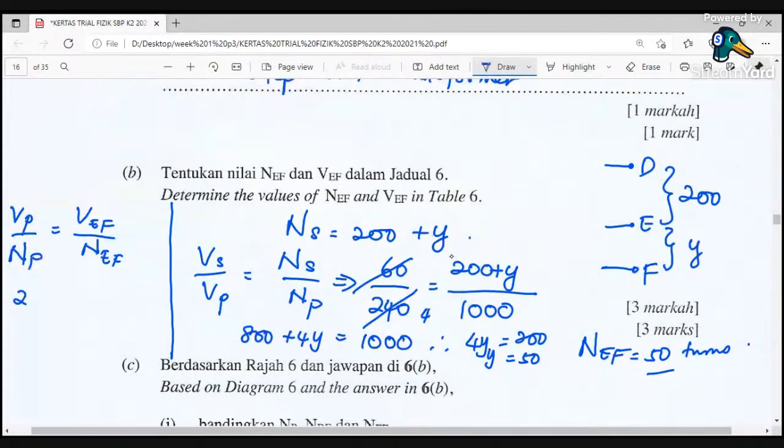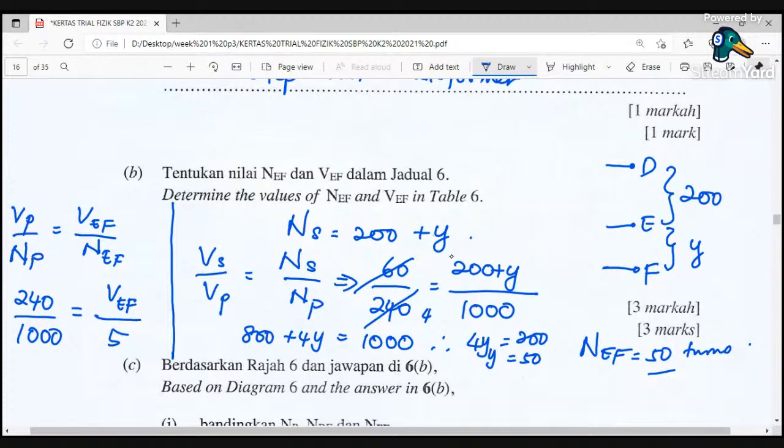Okay, VEF over 240 equals to 50 over 1000. VEF, we want to calculate.